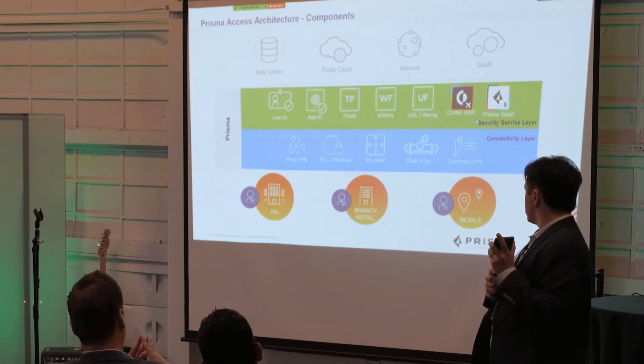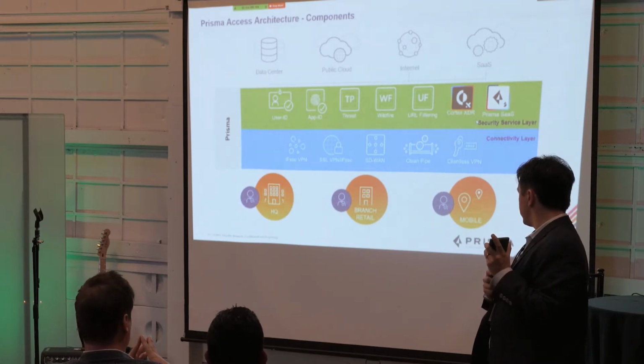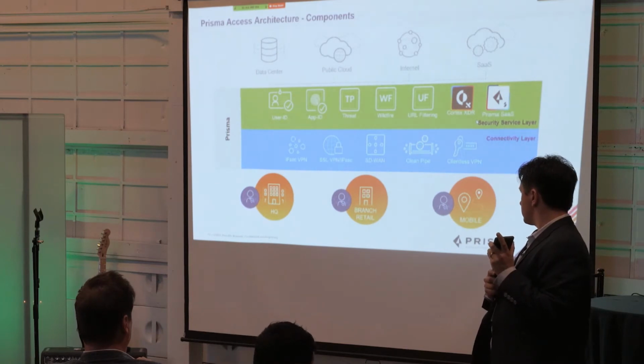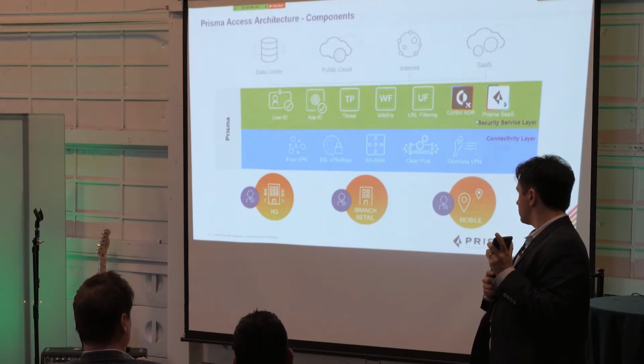So as I mentioned, what you see in the blue ribbon is actually the connectivity layer. So Prisma Access addresses two parts of that. One is the connectivity layer to make sure that the different branches, either retail locations or branch locations, remote locations, or mobile users, people who are traveling or in the field, who may not be sitting within the secure perimeter of an office location, can access the corporate resources, because nobody is going to sit in one location and work.